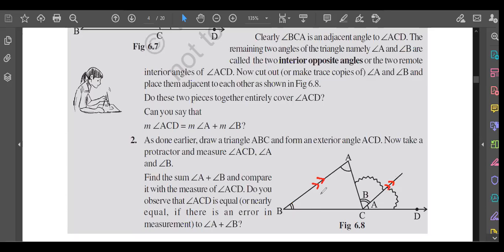This is the construction. Now tell me, this angle A. These two lines are parallel.